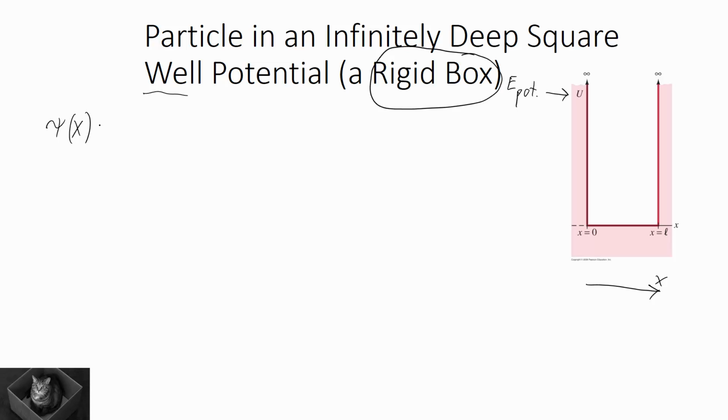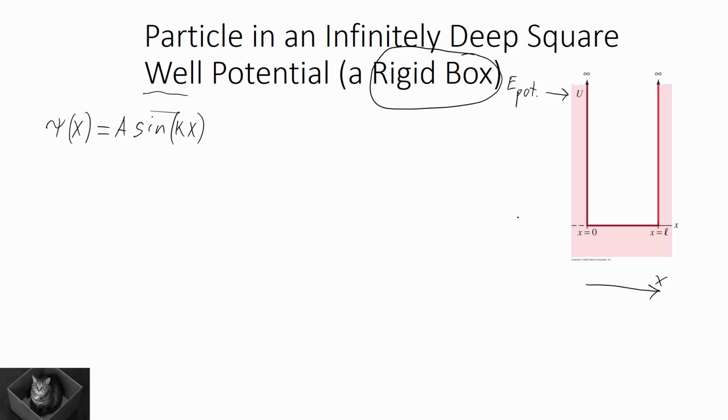But I don't know what my wave function looks like yet, so I'm going to have to try to figure that out. Well, it can be a sine wave with some amplitude. I'll just call it some generic amount A. And then I'm going to use this symbol k times x. This k here is pretty much like the frequency.